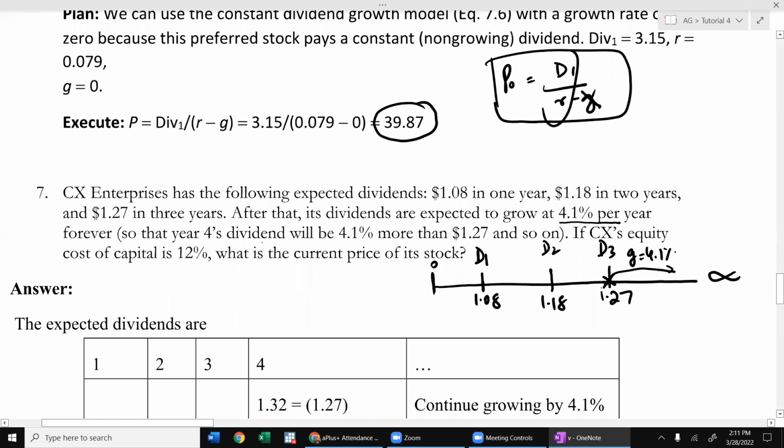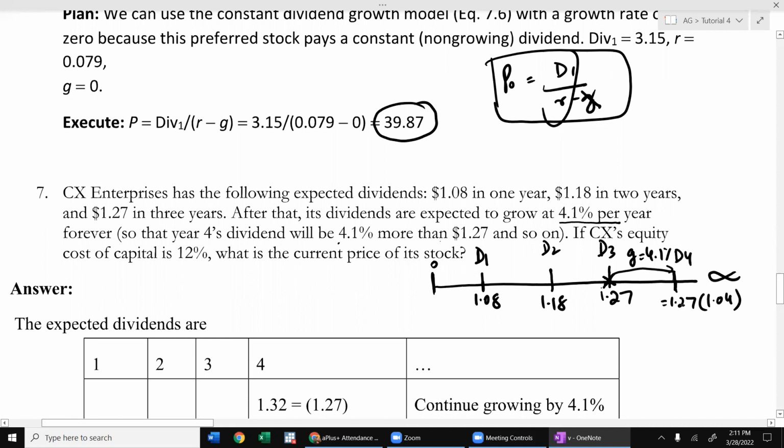So its fourth dividend will be 4.1% more than 1.27, and after that, the dividend is going to grow at 4.1%. So D4 will be equal to 1.27 times 1.041.